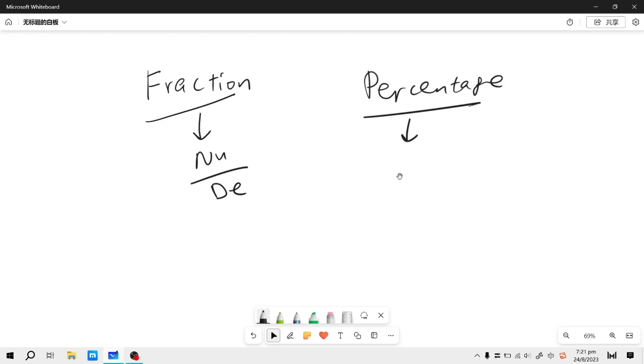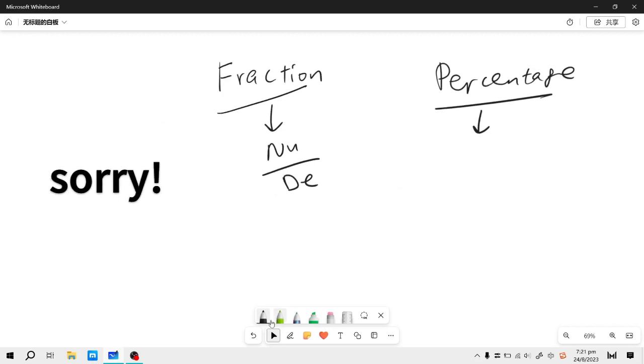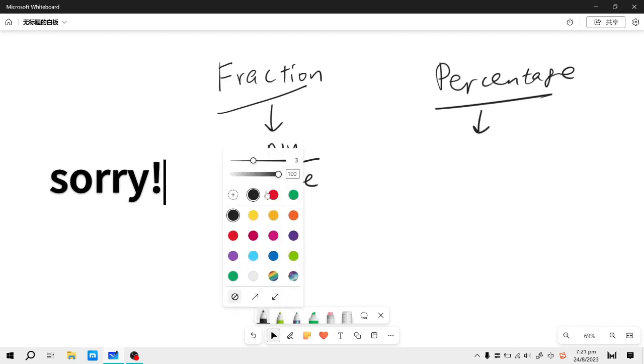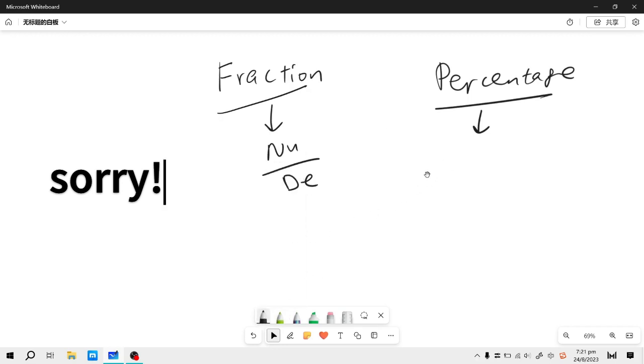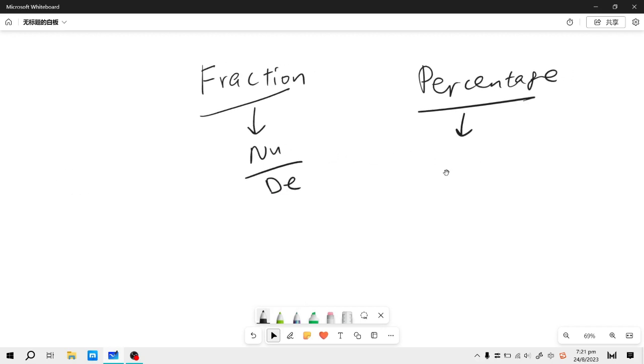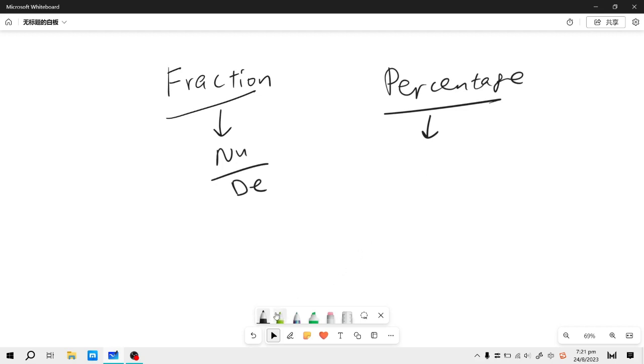But in percentage, the denominator must be out of 100. Alright, the denominator must be out of 100. So the numerator can be anything.